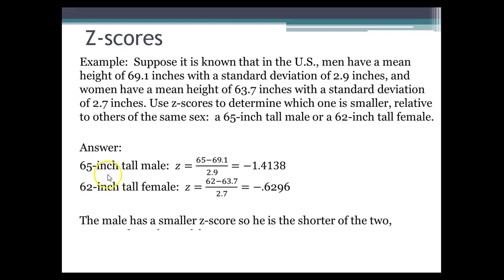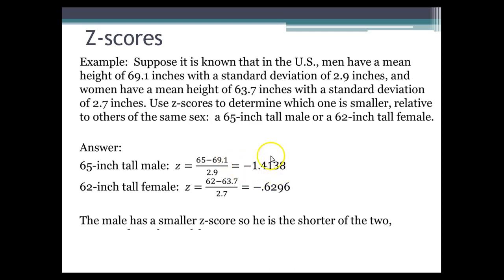So if you took a 65-inch tall male, 65 would be x, and then you'd subtract the mean. So the mean for all men is 69.1, divided by the standard deviation for men, which is 2.9. You do 65 minus 69.1, and then divide the result by 2.9.